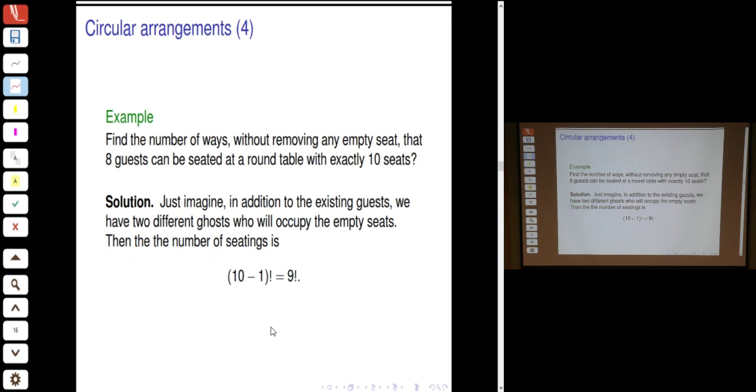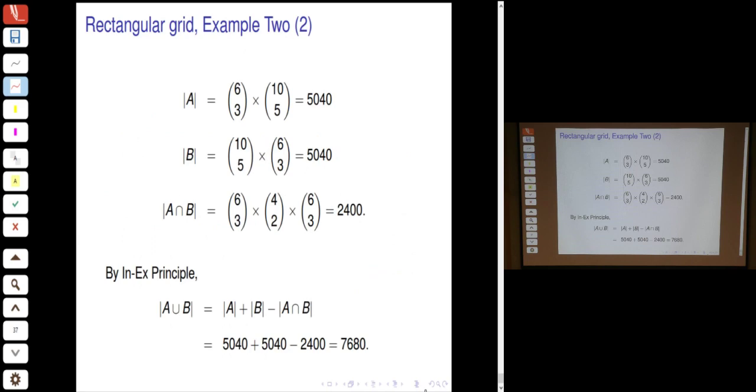Now when there was only 1 vacant chair, we got by easily because we could treat a vacant chair just as an additional guest. Okay? This we cannot do now for the following reason.